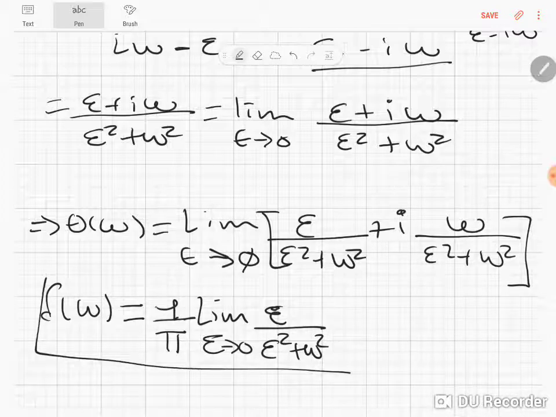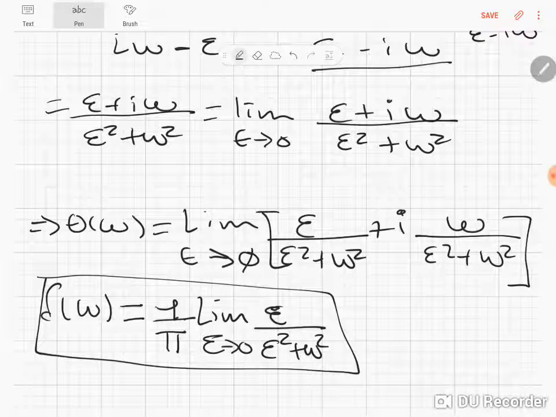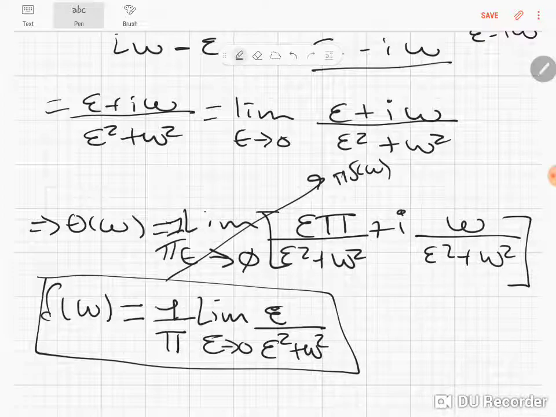This is some definition that we can use. So by multiplying this by pi here, and dividing here by 1 over pi, all of this becomes pi delta of omega, okay?